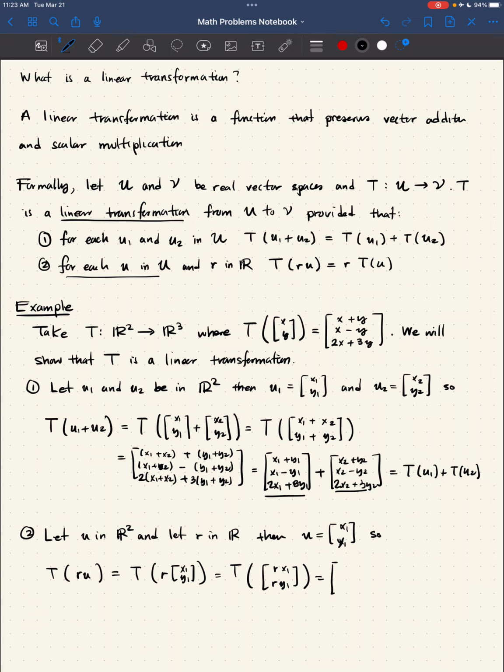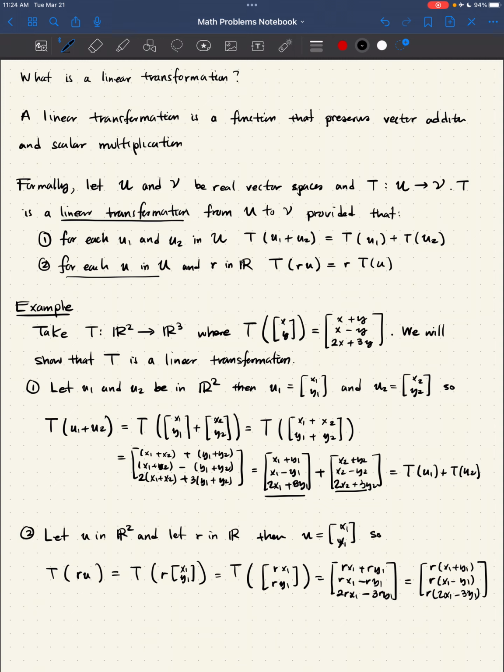So now this becomes Rx1 plus Ry1, Rx1 minus Ry1, and then 2Rx1 plus 3Ry1, which of course we may now rewrite by factoring as follows: R times x1 plus y1, R times x1 minus y1, and R times 2x1 plus 3y1.